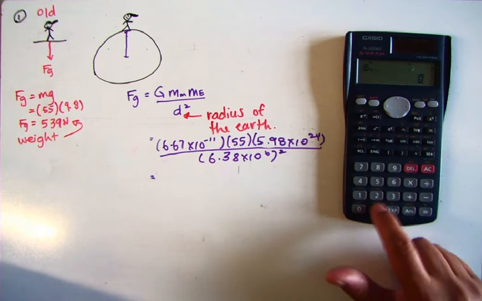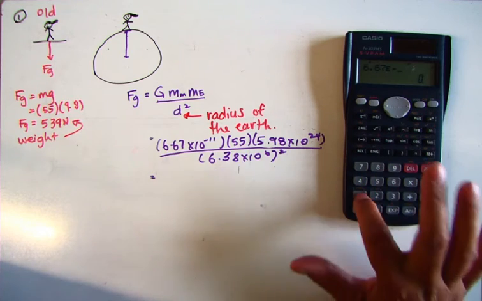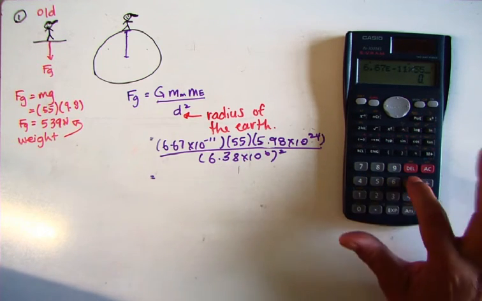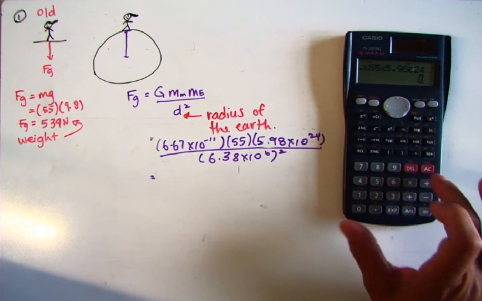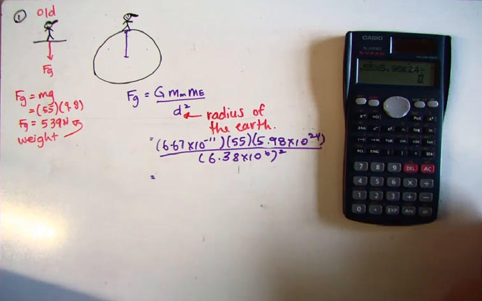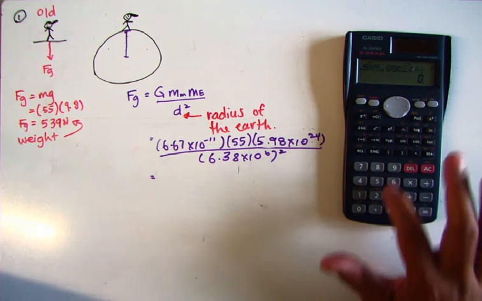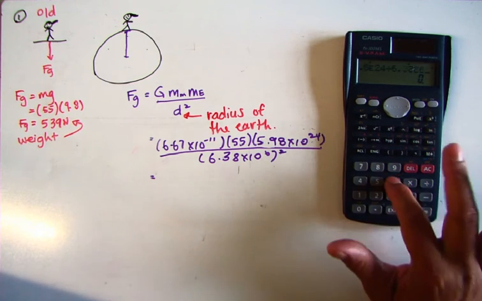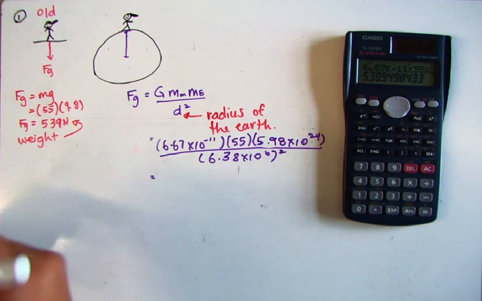But 6.67, I'm going to use the exponent button, exp, negative 11 times 55 times 5.98 exp 24. And then when you divide it, make sure to use either the exponent button or parentheses, but you can go 6.38 exp 6 squared. That should work.